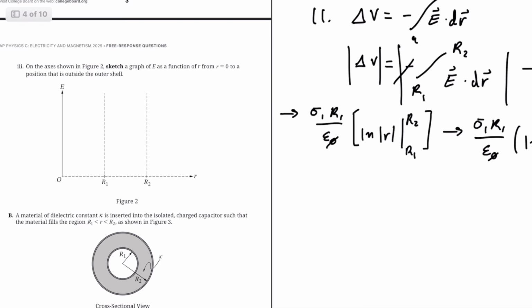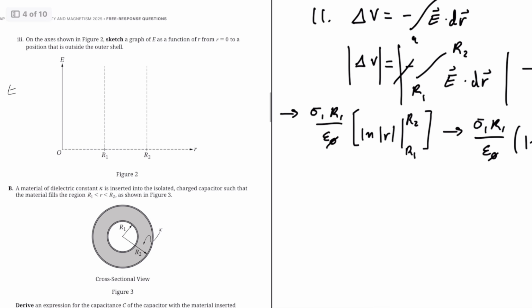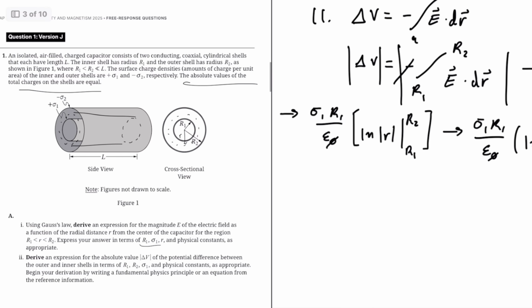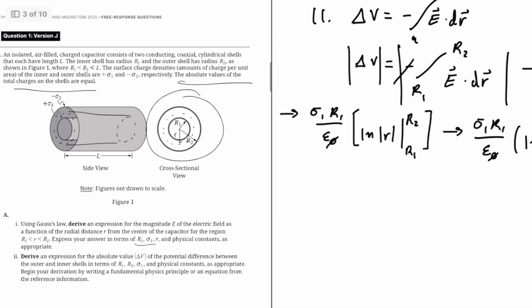So after R2, by Gauss's law, we know that the electric field is proportional to the enclosed charge, right? So let's think. When we draw our Gaussian cylinder out here, where R is greater than R2, in this area, what charge are we enclosing? It said the absolute values of the total charges on the shells are equal.